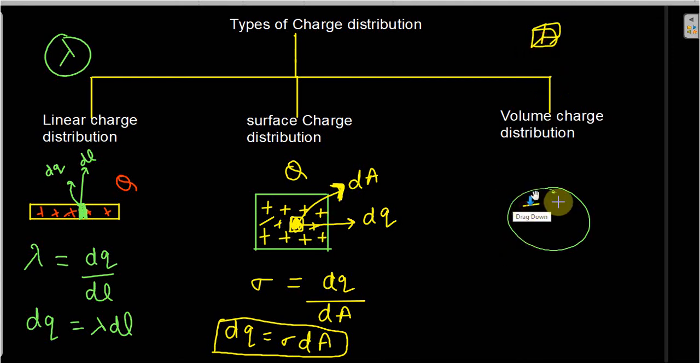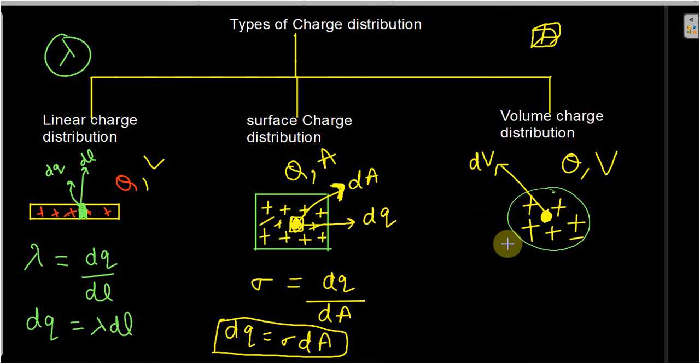So let the charge on the sphere be q and the volume be V. Again we will choose a small portion of that sphere, and let the volume of this small portion be dV. The charge on it is dq. So now we will calculate the volume charge density.